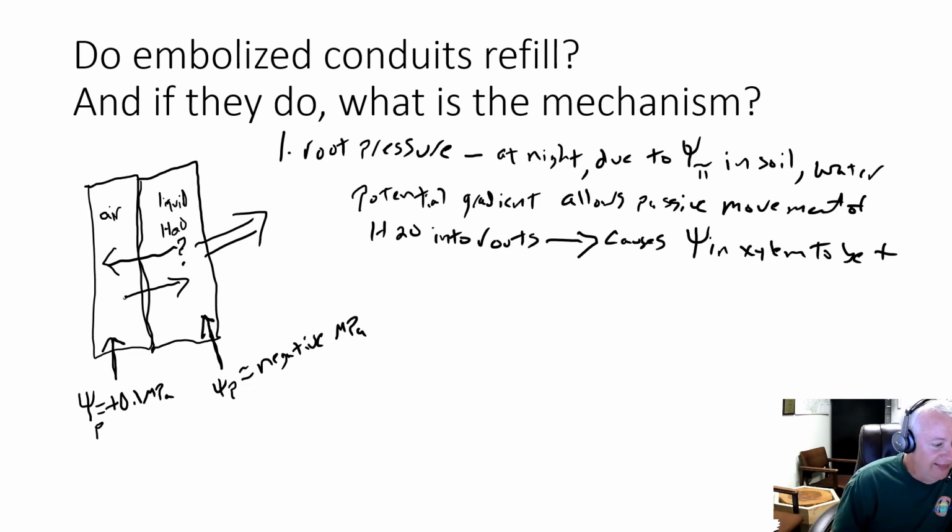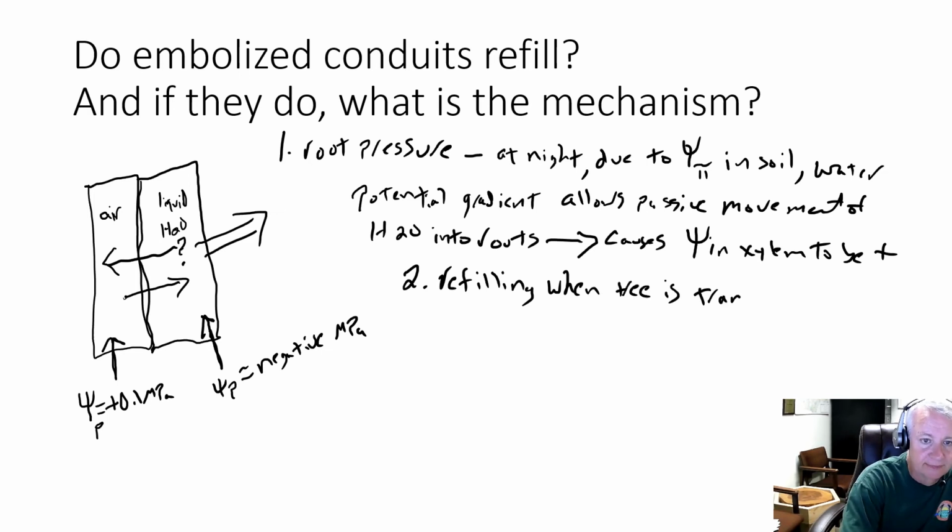So then that's the bigger question: what might be the mechanisms for refilling when the tree is transpiring and psi in the xylem is negative?